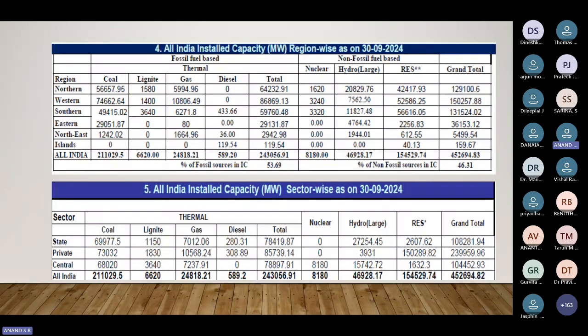Now we are concentrating more on storage systems, and pump storage schemes are being planned. We are planning for about 40 gigawatt of pump storage, and some good progress has been achieved.